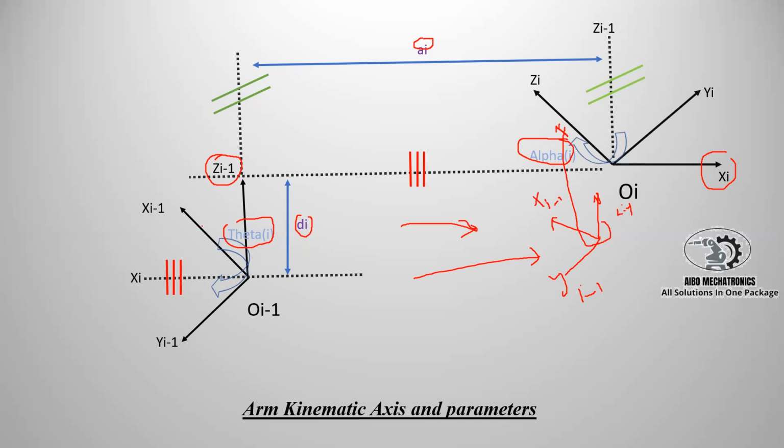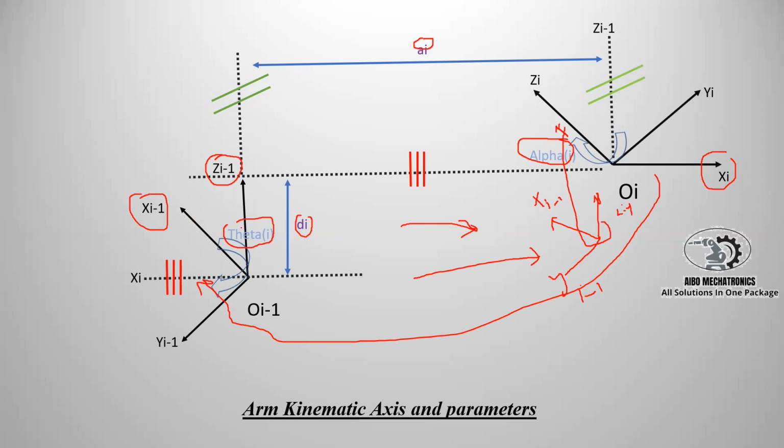About theta i, it is the rotation angle between the previous Xi minus 1 and Xi. If we carry Xi to here, you can see the rotation angle between Xi minus 1 and Xi, we call it theta i.